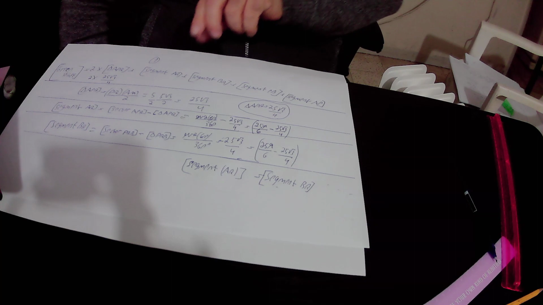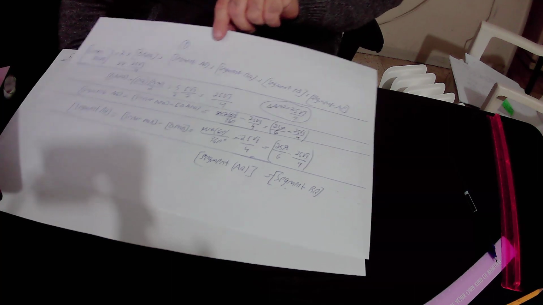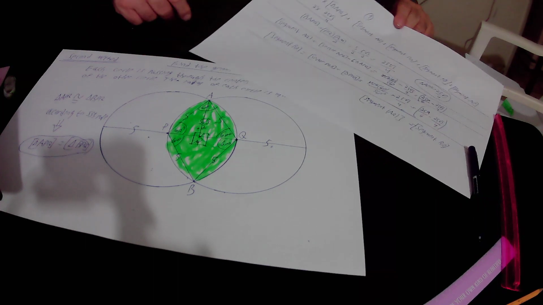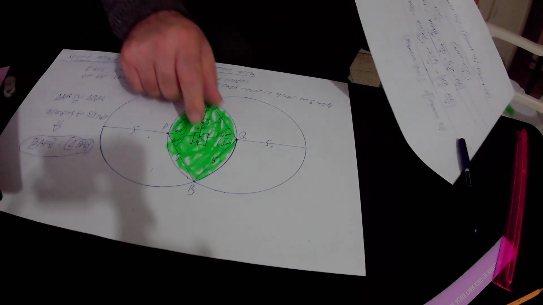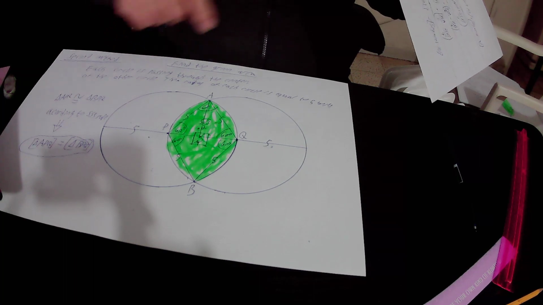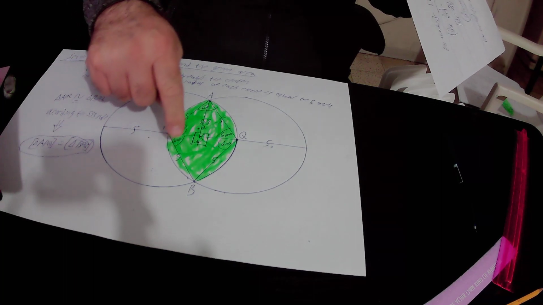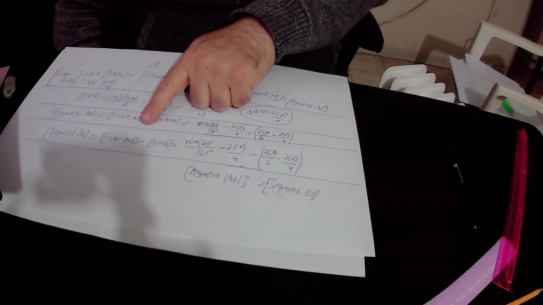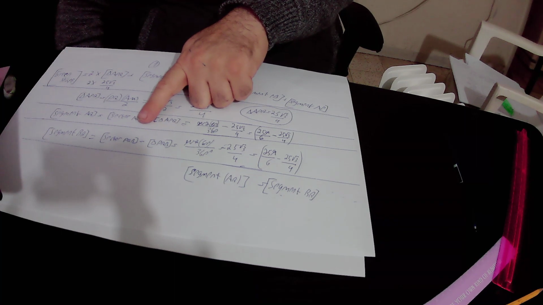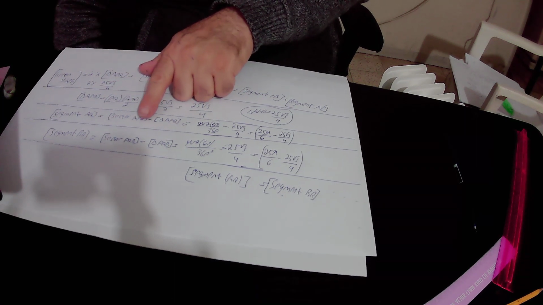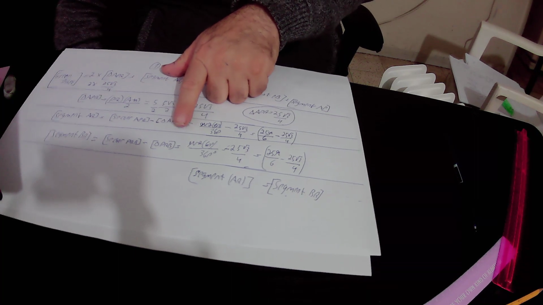Then we calculated the area of segment BQ. The area of segment BQ will be equal to the area of sector PQB minus the area of triangle PQB.